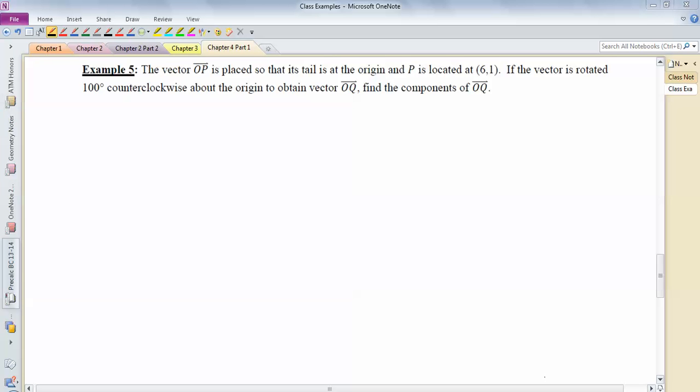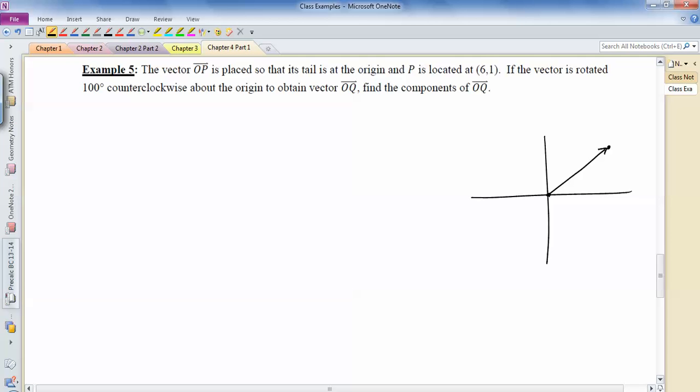Okay, so example 5 from chapter 4 deals with vectors, which we haven't talked about before. In this problem I've simplified how the vectors work. A vector is basically a segment, but it has a direction associated with it. If I have a vector that has its tail at the origin and its head at some point, that's not a ray, by the way.